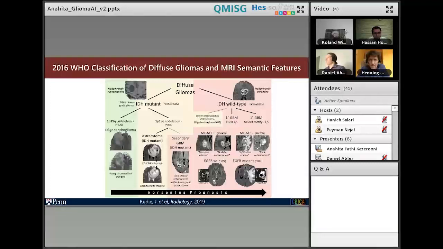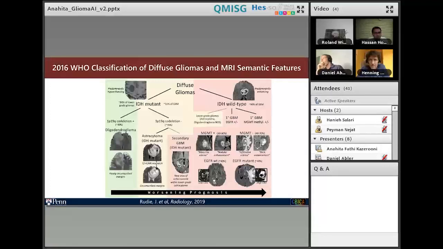So the tumors that are MGMT methylated usually appear with a mass-like edema on MRI, and they have nodular enhancement. And if they are MGMT unmethylated, they usually appear with infiltrative edema and thick enhancement.